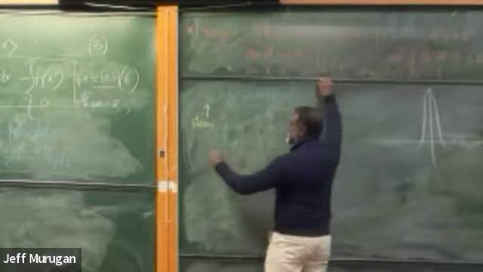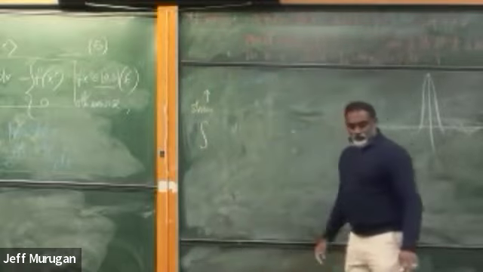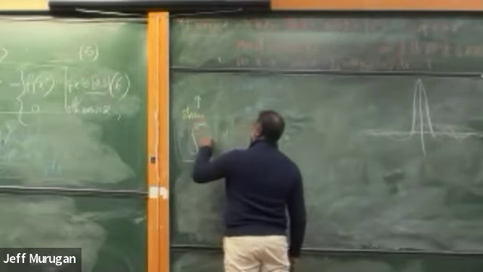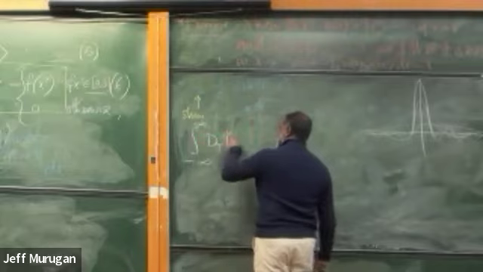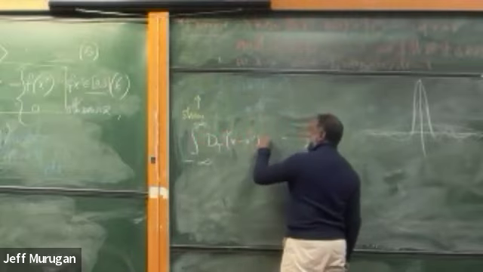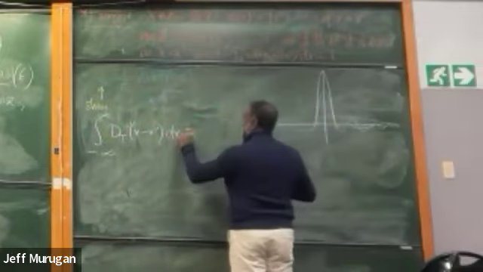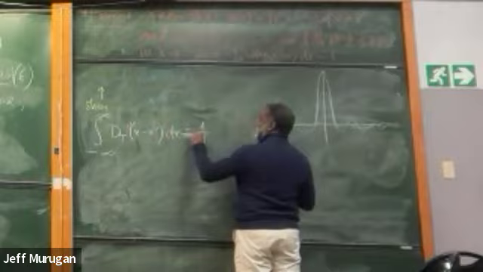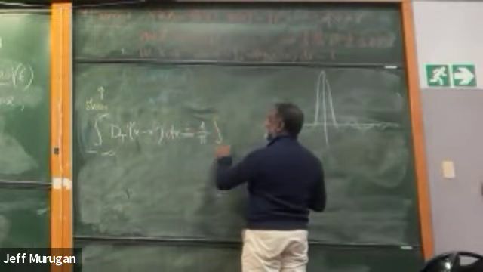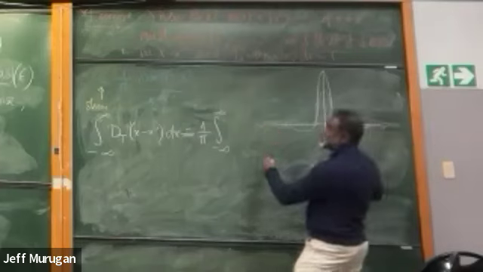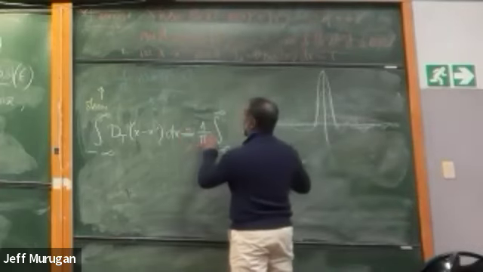So if we integrate from minus infinity to infinity of the function of (x minus x prime) dx, this is 1 over pi times the integral from minus infinity to infinity. So I'm calculating the area of these curves, right? As a function of t.